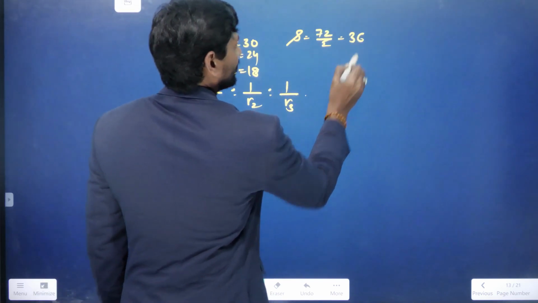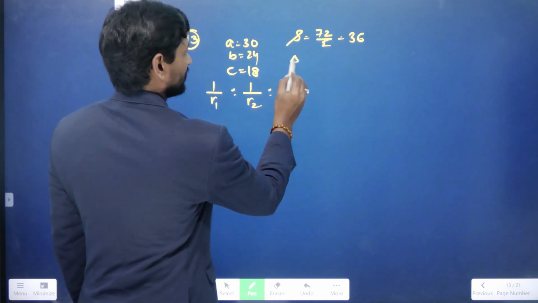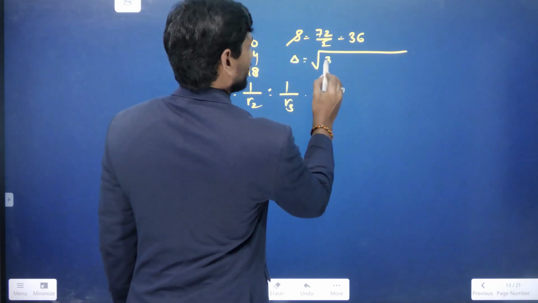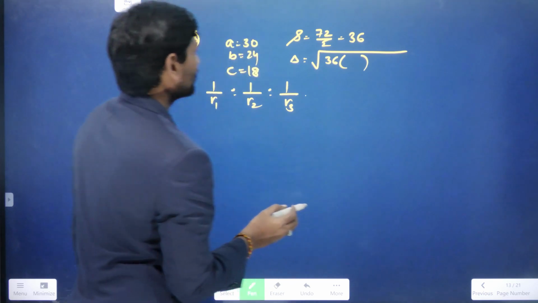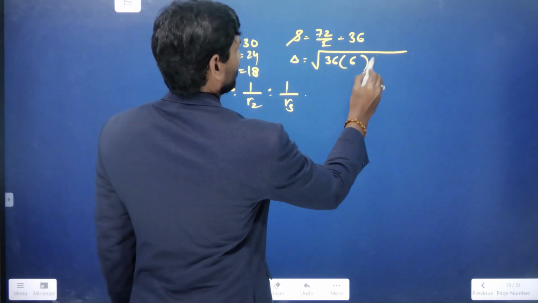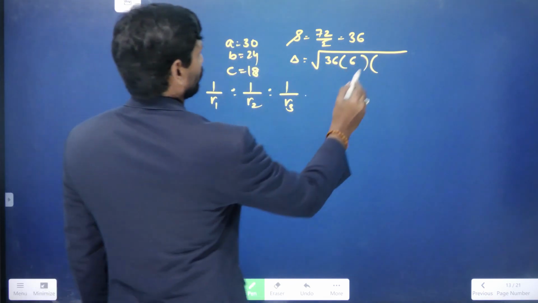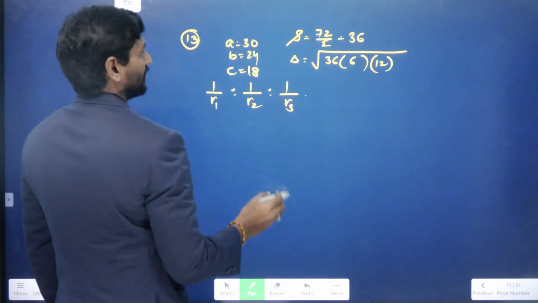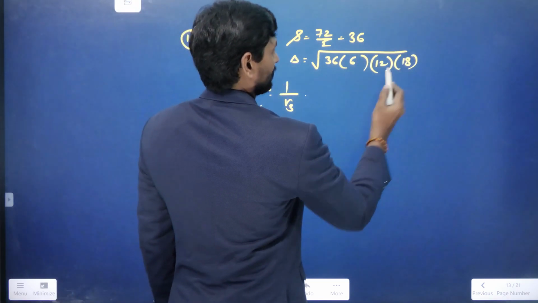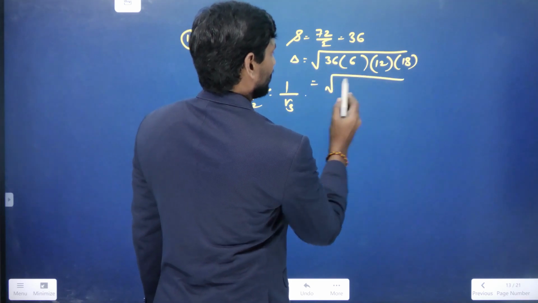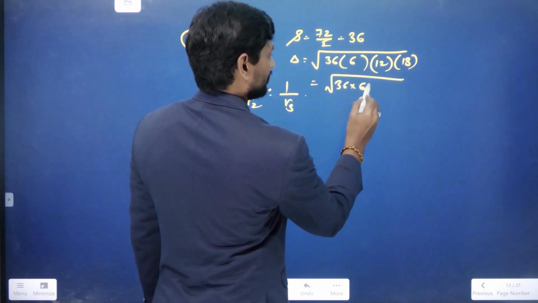So s value will be 36. From this delta value, root over s into s minus a, s minus b, s minus c. 36 into 36 minus 30 is 6. 36 minus 24 is 12. And 36 minus 18 is 18. So I can write this 36 into 6 into 12.